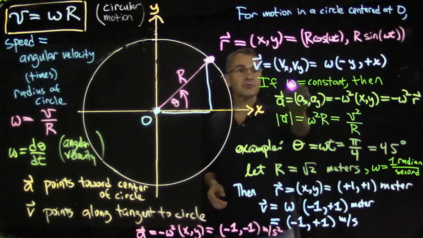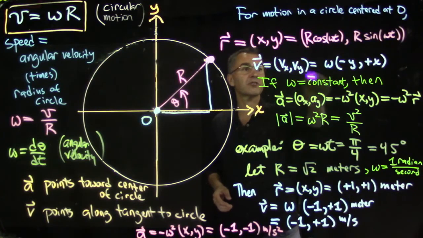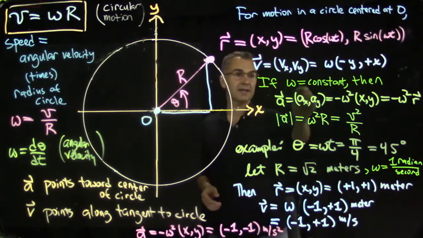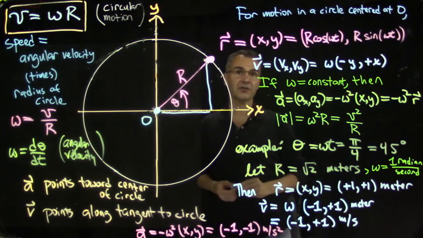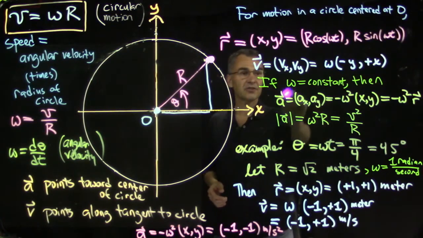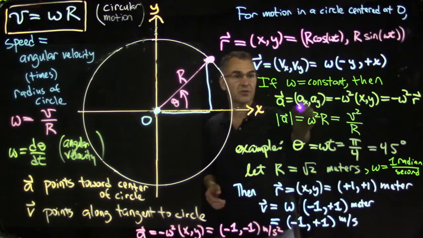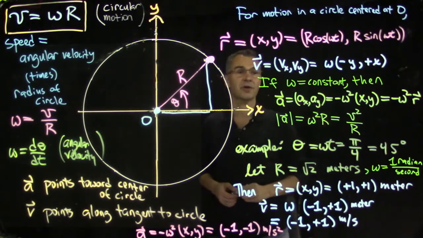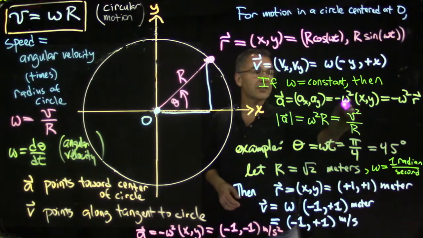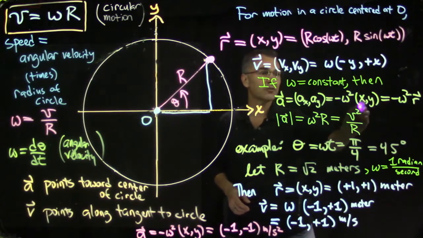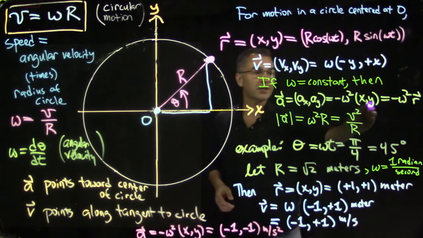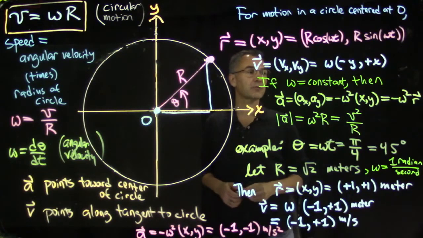This is true as long as we're moving in a circle centered at the origin, and if omega is constant, so if we're at constant angular velocity, then the acceleration vector, whose components are a sub x and a sub y, has an x component of minus omega squared times x, and a y component of minus omega squared times y.